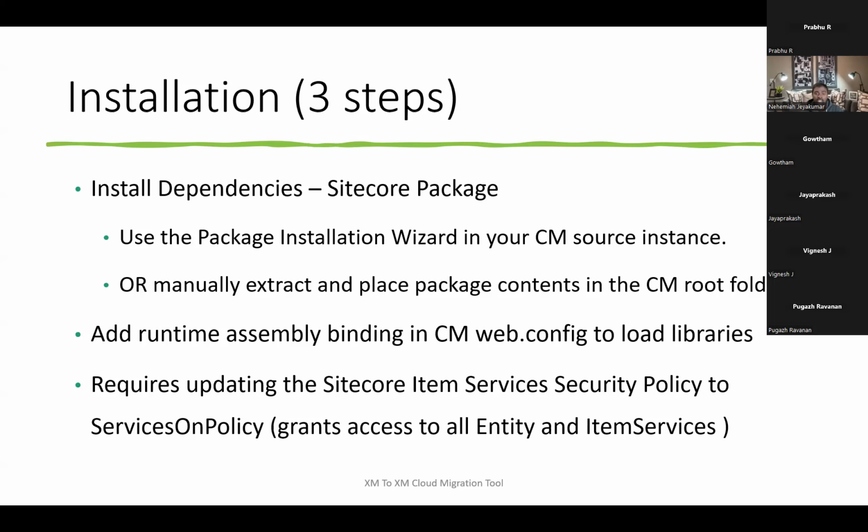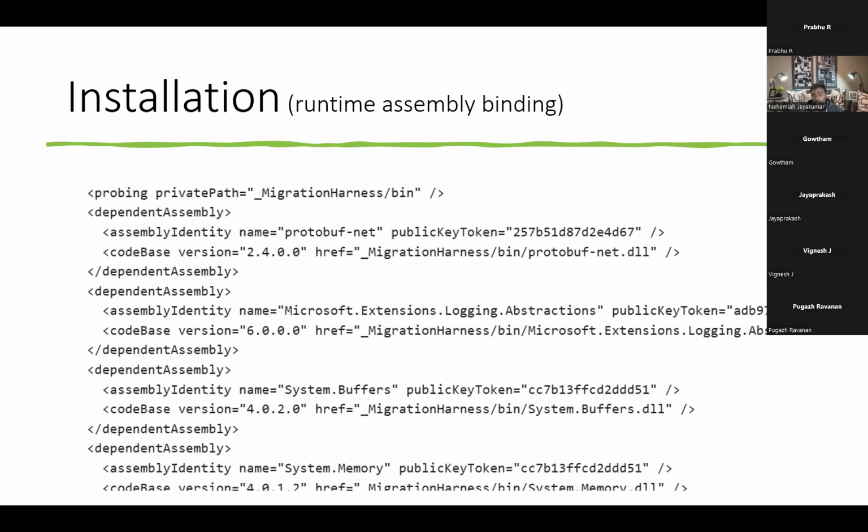After that, you have a set of assembly files, so you need to add a set of assembly bindings in your web.config. That is also available as part of the documentation. You have to add it in your Sitecore web.config, so it's better to take a backup of the web.config and then apply these changes.